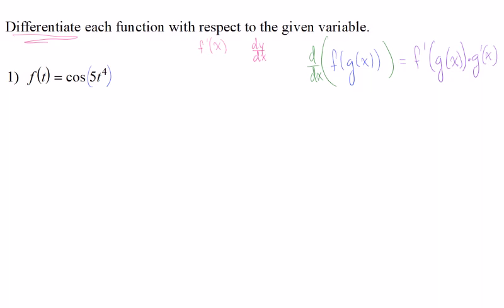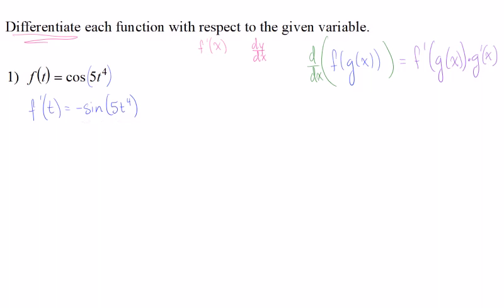So here I recognize that the outer function is cosine. So I want to take the derivative of cosine, which is negative sine. And then I'm going to keep the inside the same as it was before. So this is f prime of g of x.